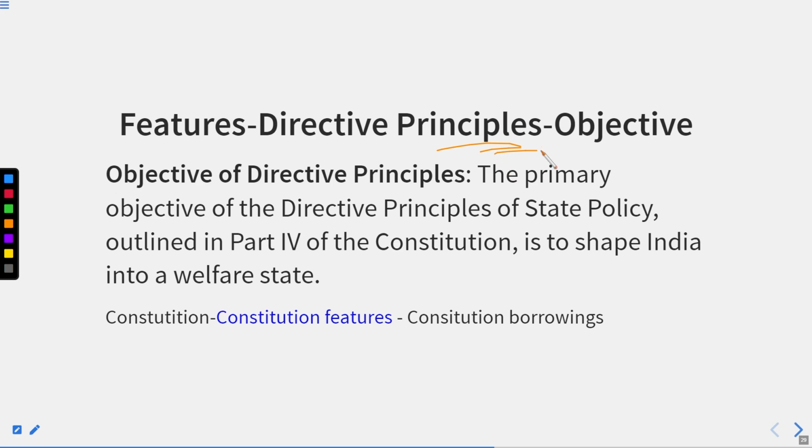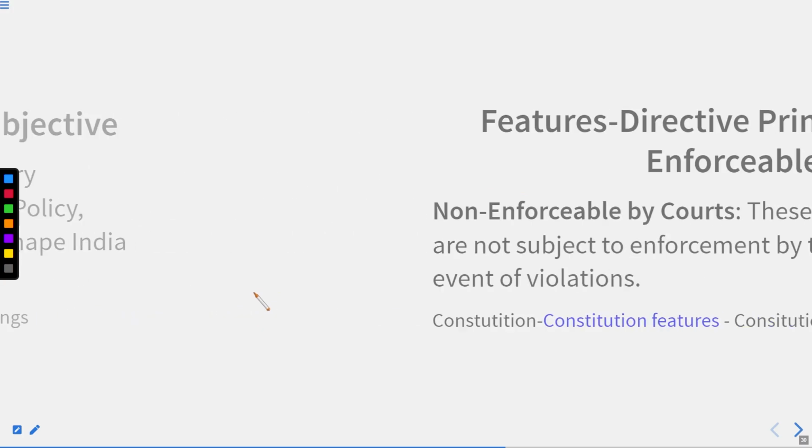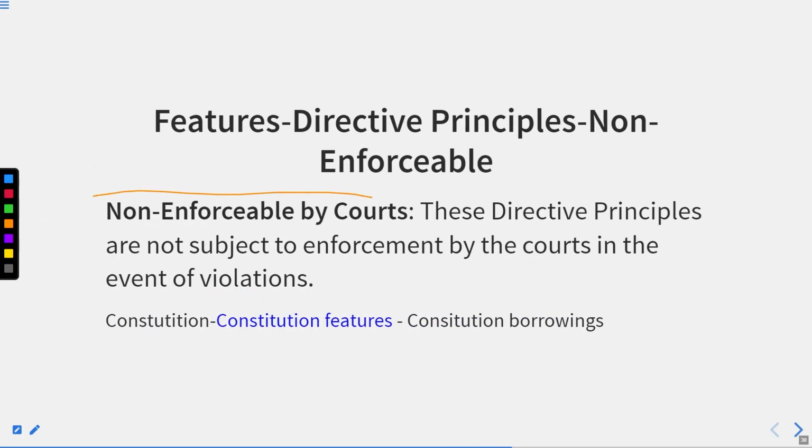Thereafter, principles, objectives, directive principles objectives. As we have talked, we have already discussed them in the part of the DPSP. The primary objective of the directive principles of state policy outlined in Part 4 of the Constitution is to shape India into a welfare state. Okay. Thereafter, they are non-enforceable by courts, as we have discussed. These DPSPs are not subject to enforcement by the courts in the event of violations, unlike the fundamental rights.